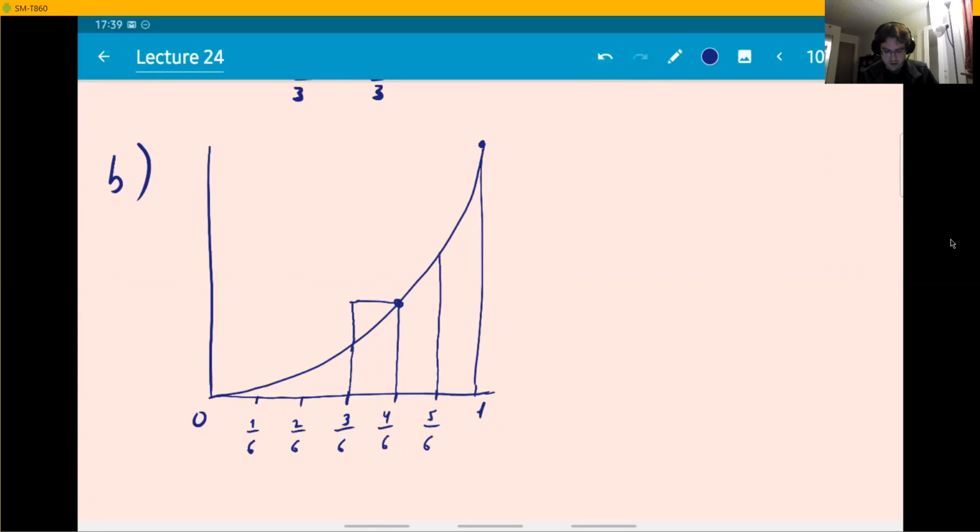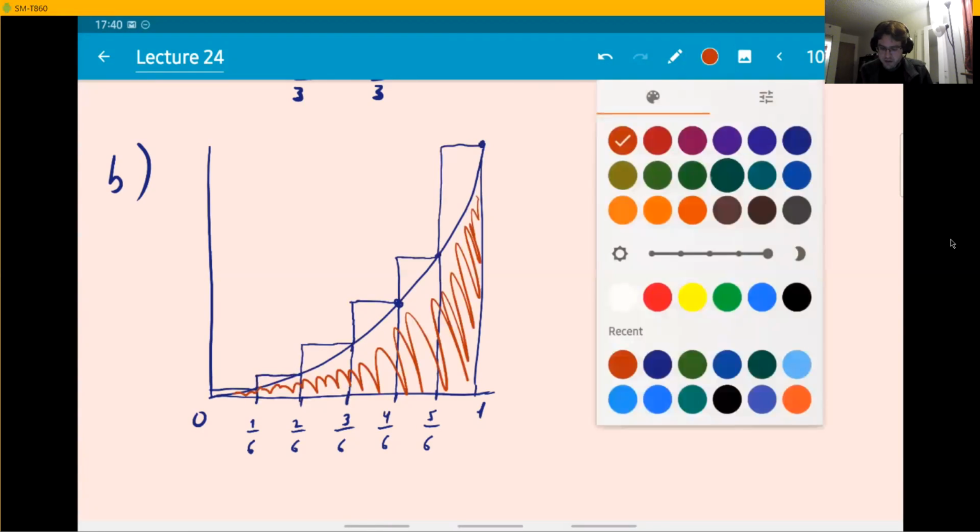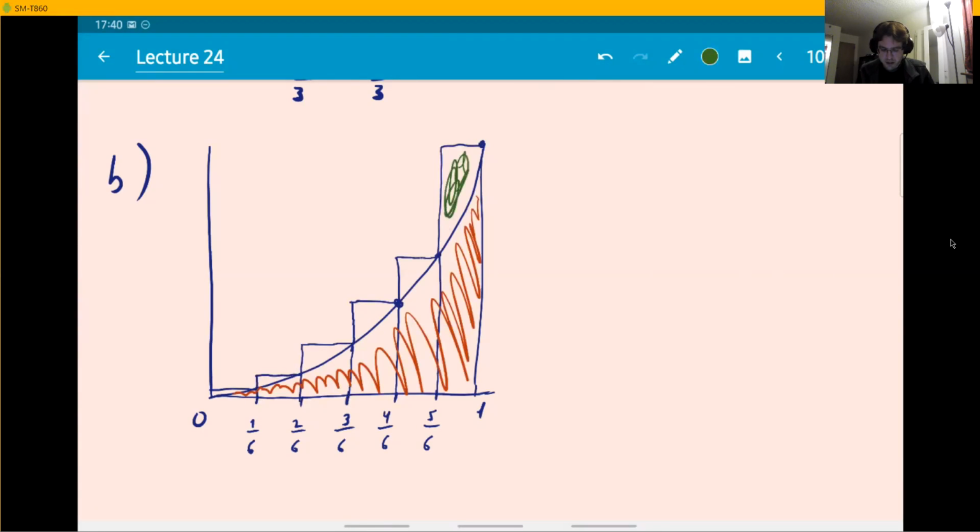So these are the rectangles that we consider. 6 rectangles. The actual value of this integral is the red area that we don't know. We are finding just an approximation for it, which is again larger because it includes the green pieces.